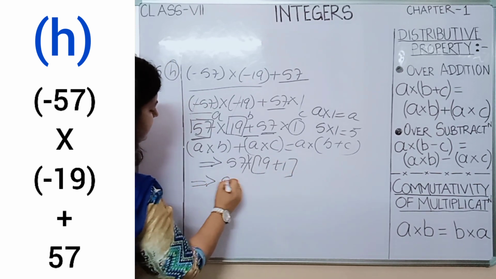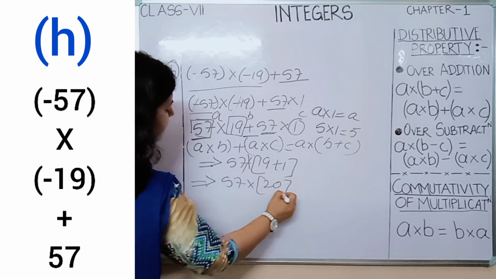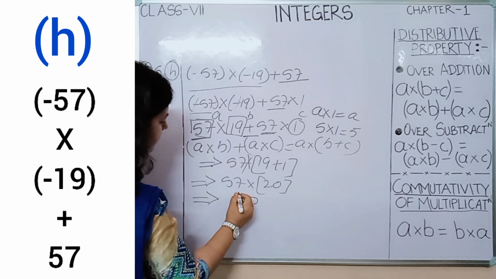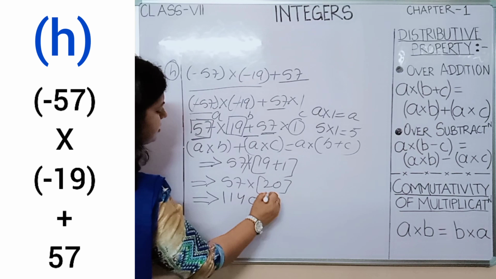Now 57 into 20. Multiply 57 with 20, 1140. This is your answer.